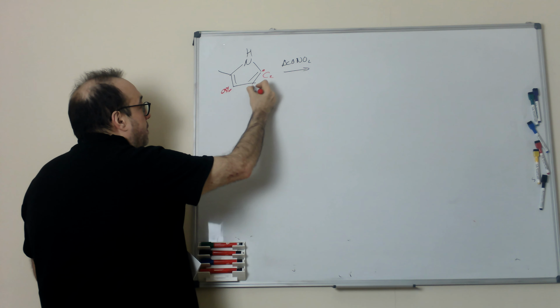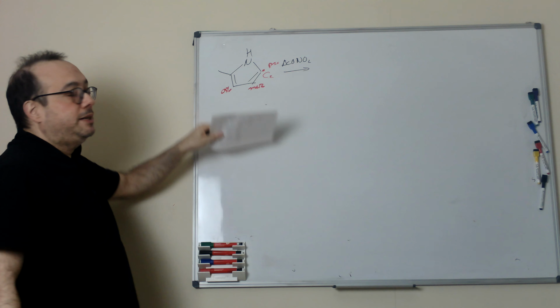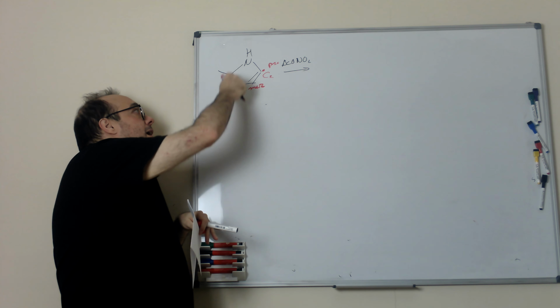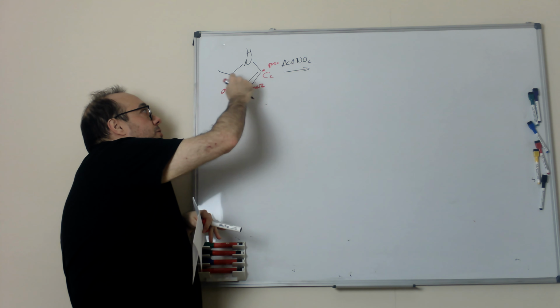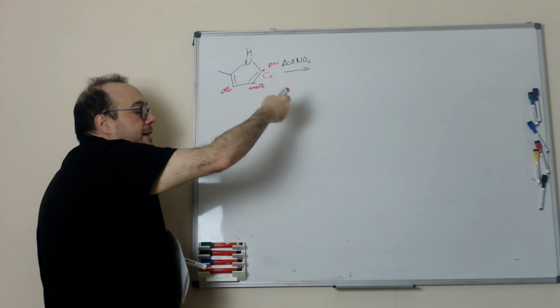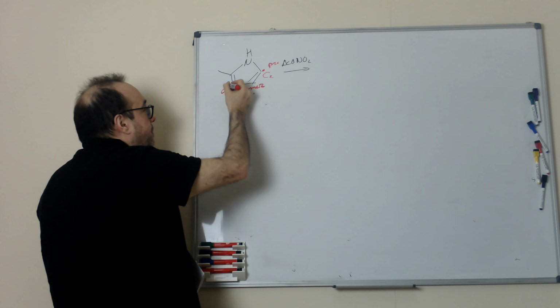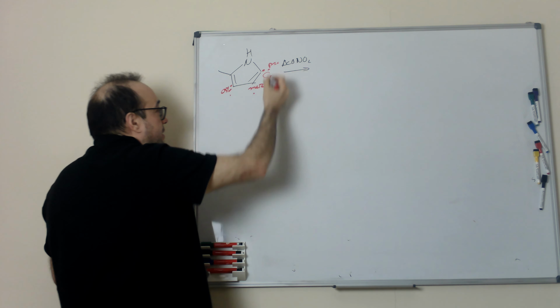Ortho, meta, para. Remember that when we are counting the carbons, the position always has to be counted through the carbons. We cannot go through the heteroatom. Always over the carbon chain. Ortho, meta, para, that means that the orientation is here and here.